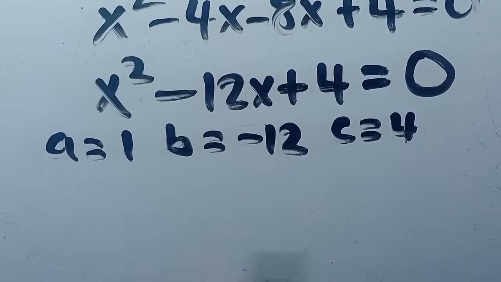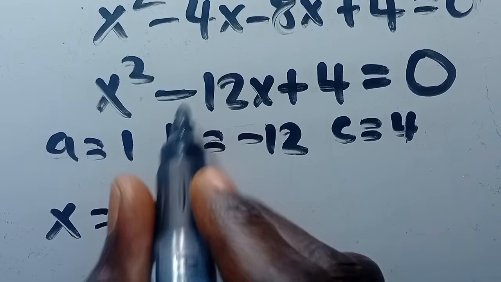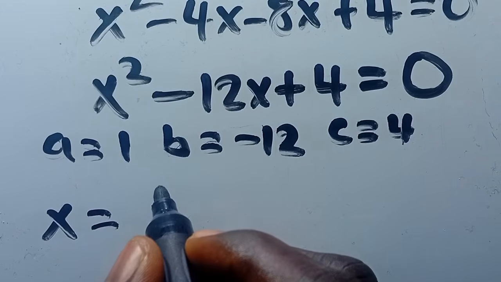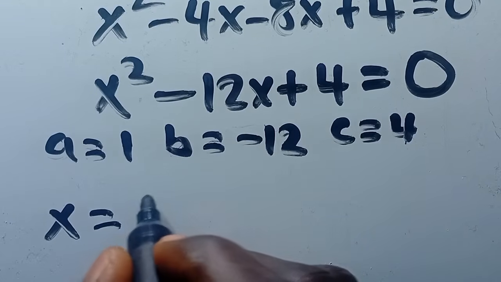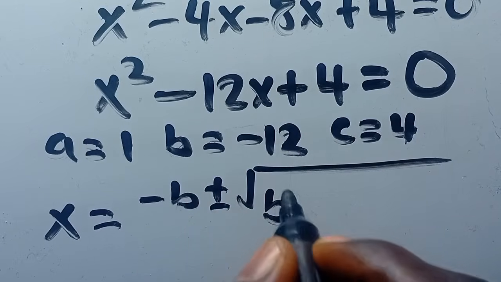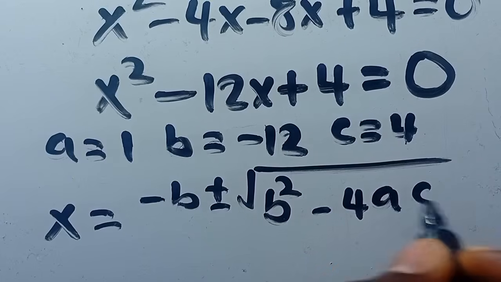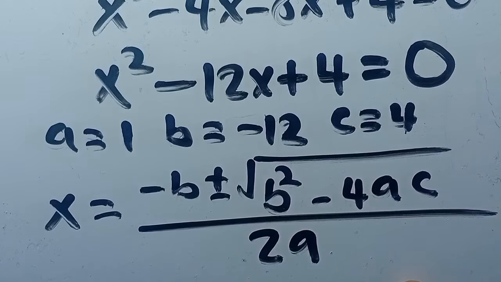So we're going to have x equals minus b, positive or negative, square root of b squared minus 4ac, over 2a.